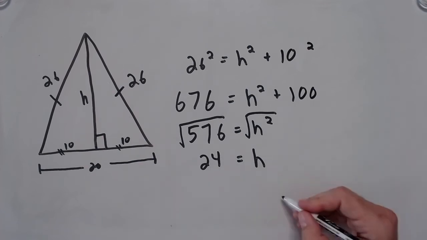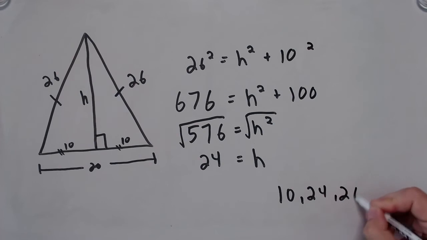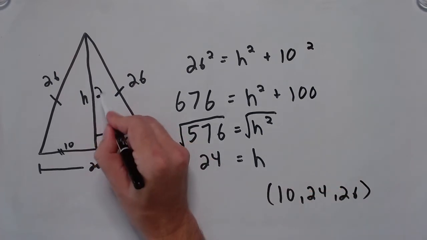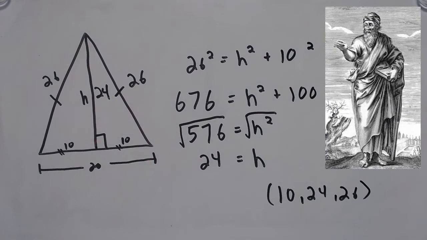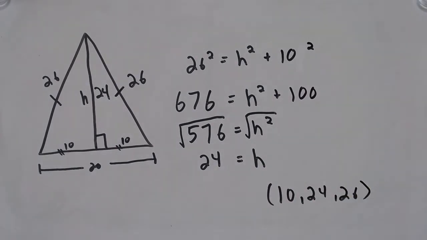I'm just going to write that down here. 10, 24, 26. That's a Pythagorean triple. And we're going to write this up here as 24. That's a good use of the Pythagorean Theorem. Thanks, Pythagoras. Now, get out of here. All right, let's clean this off and do another example.